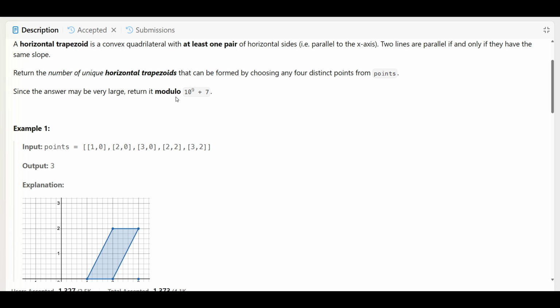Two lines are parallel if and only if they have the same slope. So you know the trapezoid is a four-sided flat shape with at least one pair of parallel sides. So these lines are parallel.